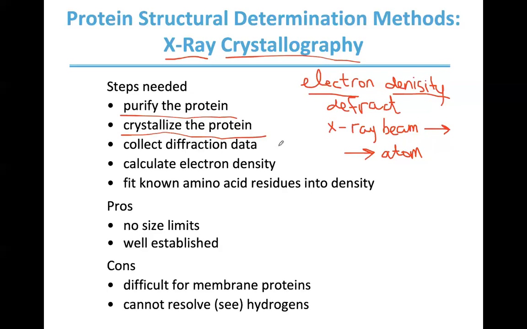You don't want the compound to come and immediately attach itself to the crystal and form some kind of amorphous, you know, God knows what, precipitate. You want it to be a beautiful crystal that fits, where each molecule fits snugly into its place. Does this make sense? So crystallizing protein is a skill.